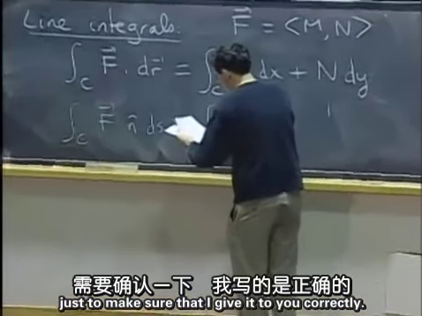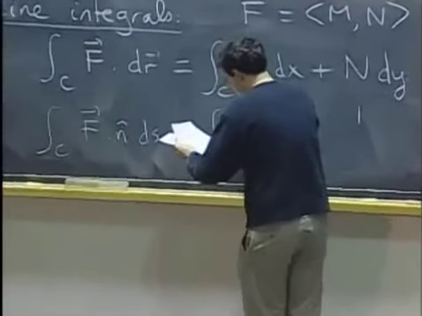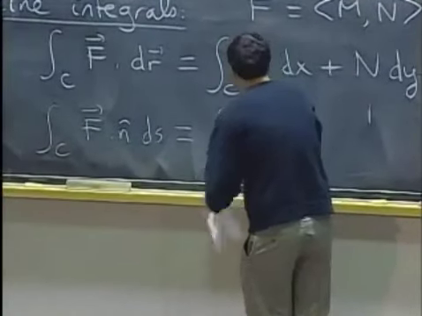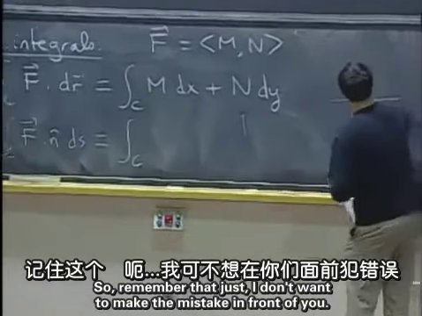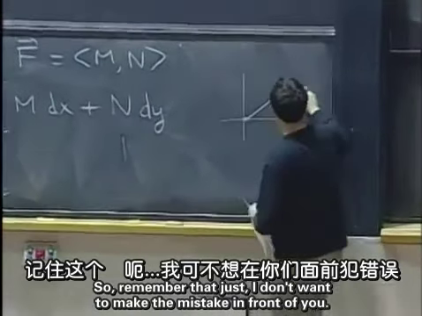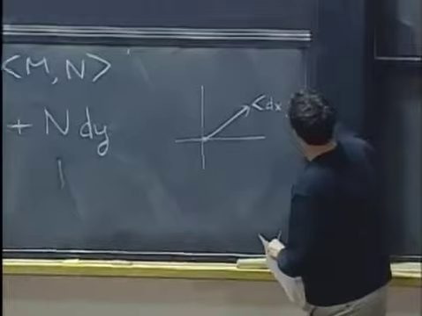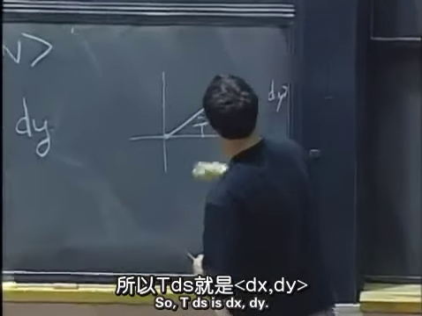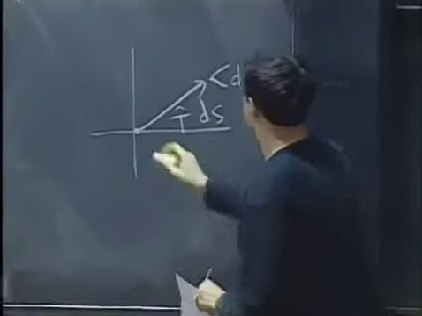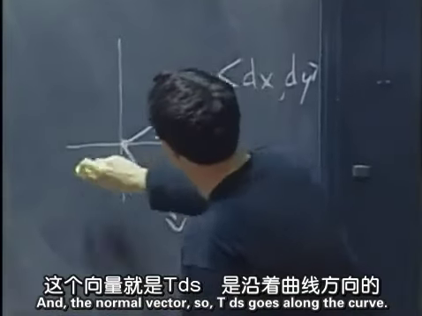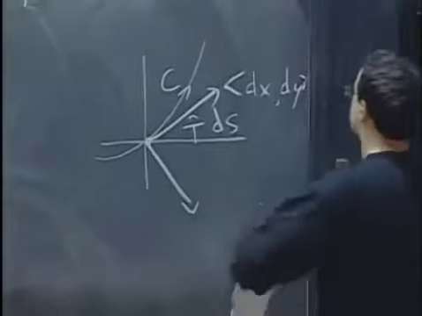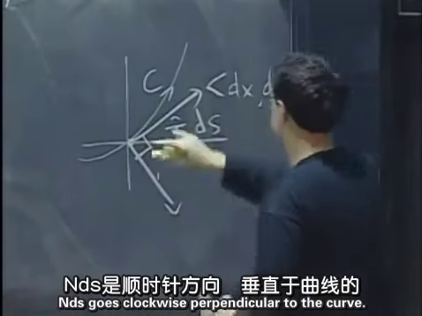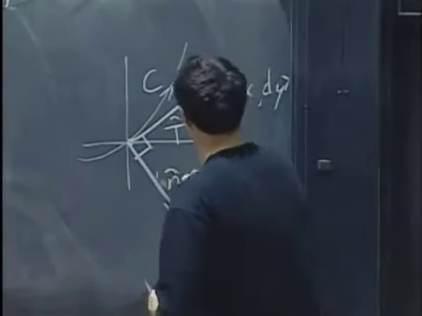just to make sure that I give it to you correctly. So remember that, I don't want to make a mistake in front of you, you never know. So T ds is dx, dy, and the normal vector, so T ds goes along the curve, and n ds goes clockwise perpendicular to the curve.